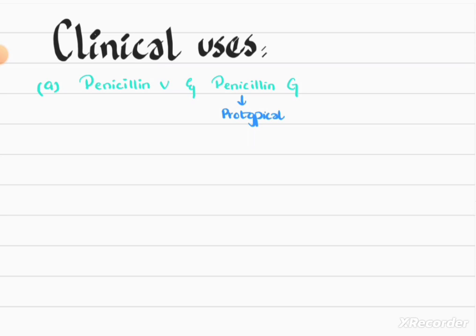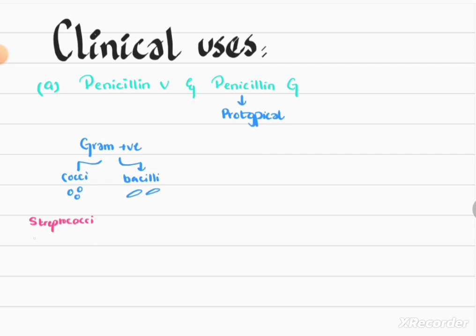So they are active against gram-positive cocci, which are round shaped, and they are active against gram-positive bacilli, which are rod shaped. The examples of gram-positive cocci are streptococci, which are very notorious for causing pharyngitis and upper and lower respiratory tract infections.